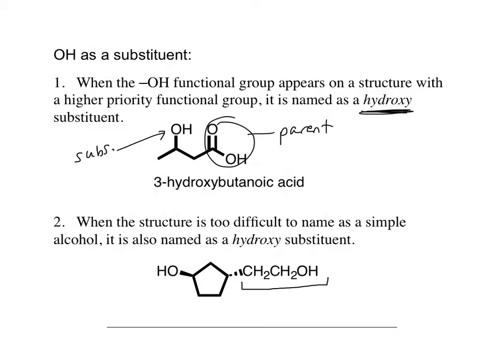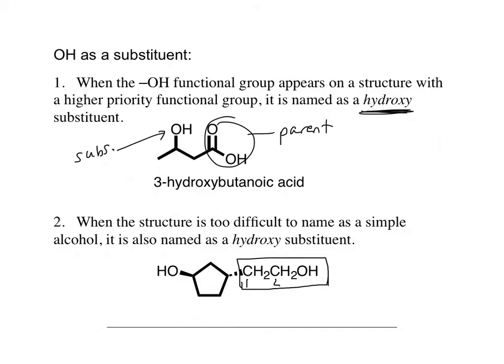So the parent's going to be the ring, and the substituent's going to be this ethyl group here with an OH on it. That's a hydroxy. The point of attachment for that ethyl group we'll call number 1. The second carbon is number 2. So at number 2 is a hydroxy.